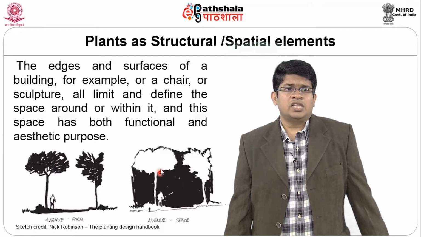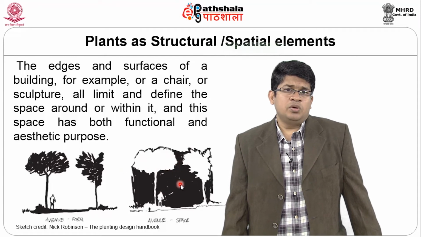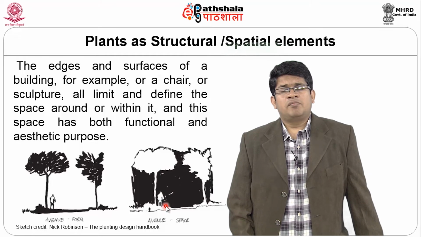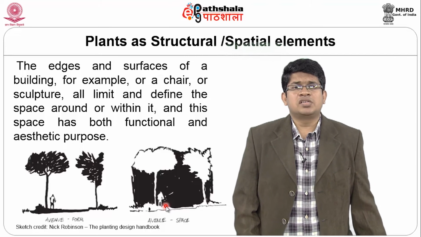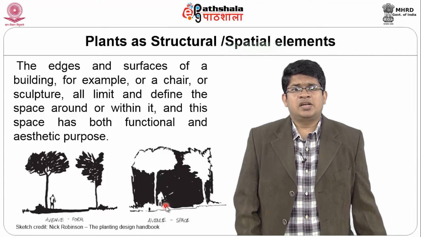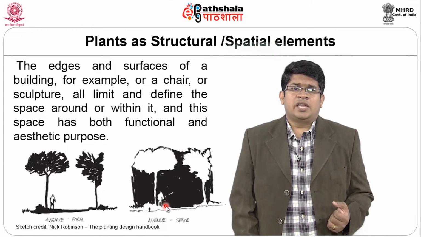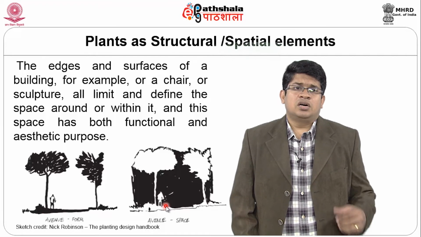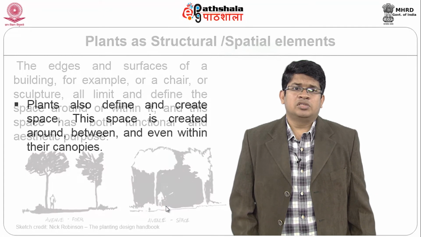So we could see that plants are not only structural elements themselves, with their own form, but by proper use or arrangement of these plants, we could also use them effectively as spatial elements in the landscape. It is a space that has both the functional and the aesthetical purposes well achieved in the designed intent that we look at in a particular project.